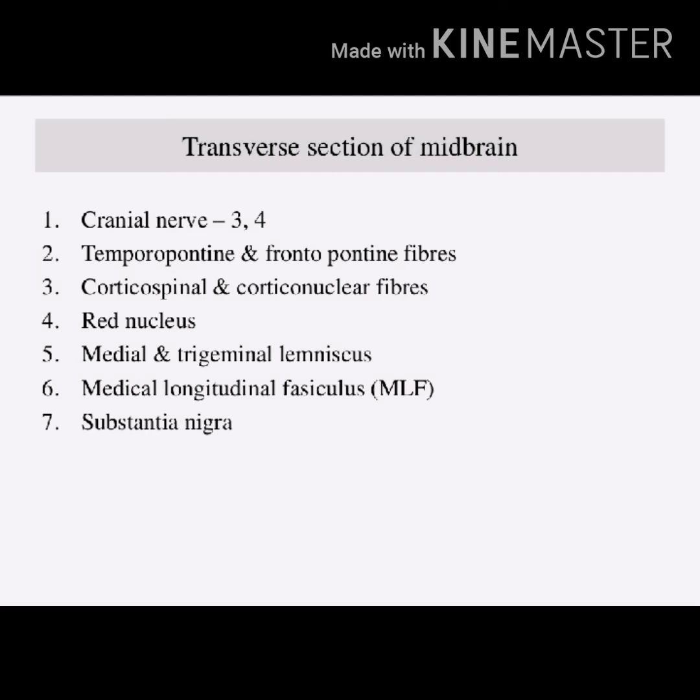In the midbrain are located cranial nerves 3 and 4, temporopontine and frontopontine fibers, corticospinal and corticonuclear fibers, red nucleus, medial and trigeminal lemniscus, medial longitudinal fasciculus and substantia nigra.